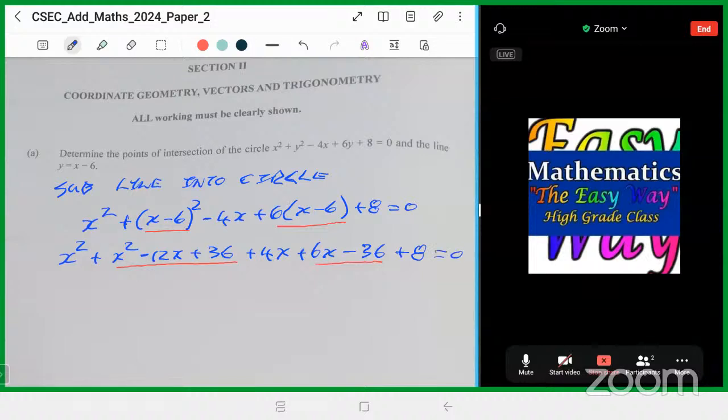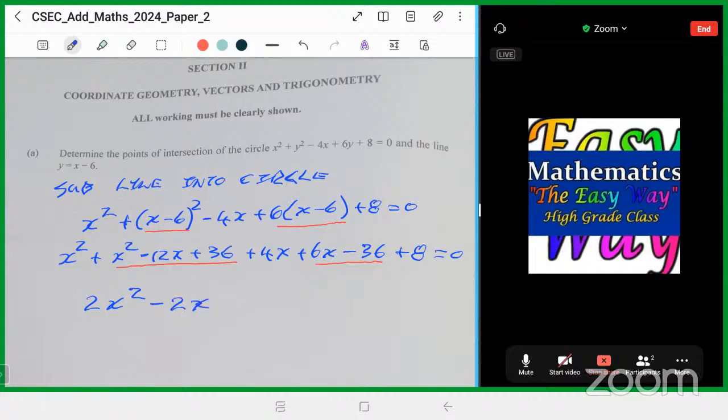Equals 0. All right, the square terms are these two, so I'm going to get 2x squared. The terms in x are these two, that's 10 minus 12. So 10 minus 12 is negative 2x.